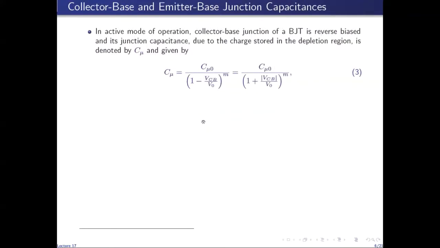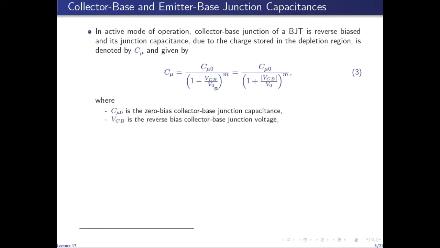The junction capacitance associated with the reverse bias collector base junction is given by this expression, in which C mu is the reverse bias junction capacitance of the collector base junction, and C mu naught is its value at zero bias, and VCB is the reverse bias voltage across the junction, the collector base junction.